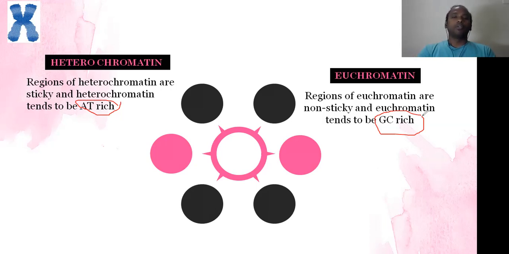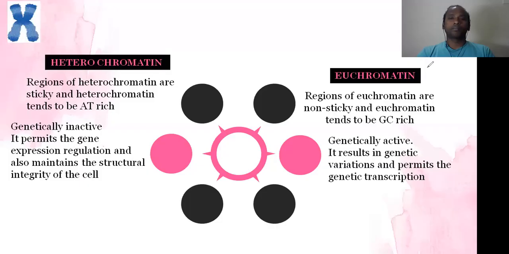When you take the next important point of the advanced differences, heterochromatin is genetically inactive, as we are discussing, but euchromatin is genetically active, right? So it permits gene expression. So what is the importance of heterochromatin that we should understand?